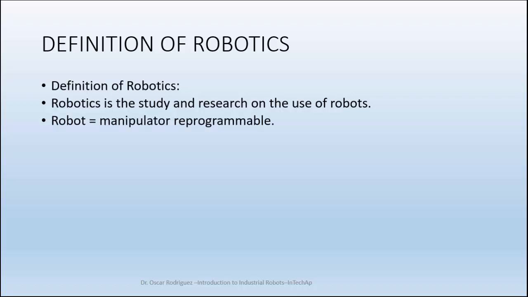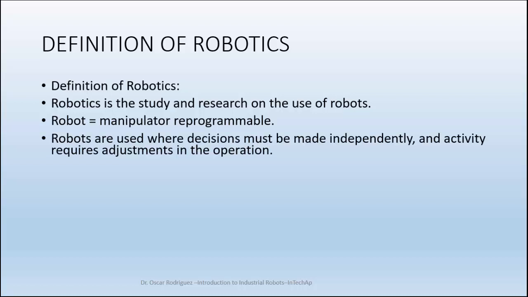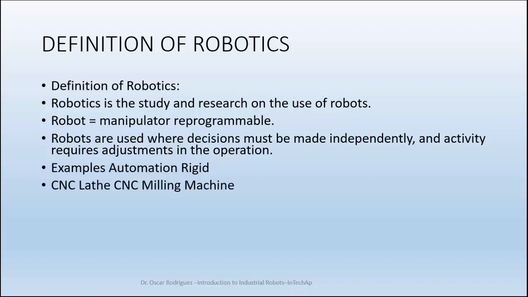That's robotics. Robot can be defined as a reprogrammable manipulator, right? That's one simple statement about robots. Robots are used where decisions must be made independently and the activity requires some adjustment in the operation. Those are some of the characteristics of the robotic science. We already provided you a definition for rigid versus flexible automation, but we're going to give you some examples here.